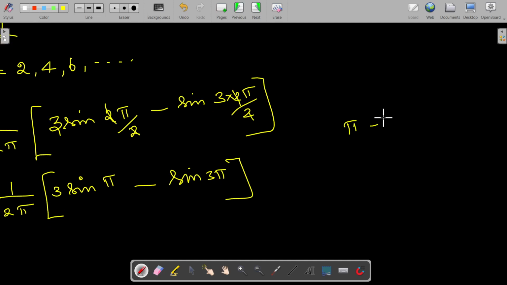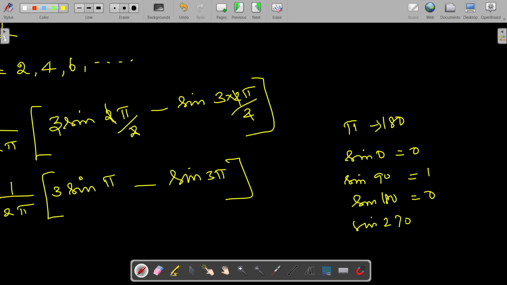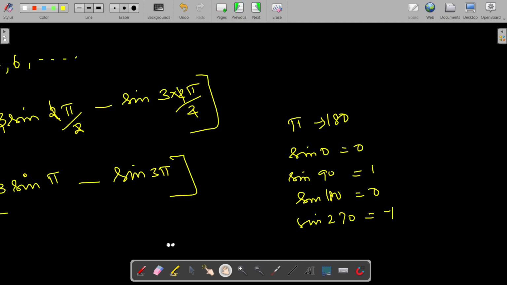So we should know the values of this, right? π is what? 180 degrees, right? So sine 0 is equal to 0, sine 90 is equal to 1, sine 180 is equal to 0, and sine 270 is equal to minus 1. Those are the values.